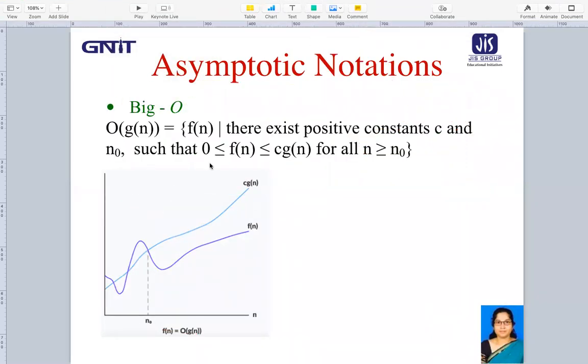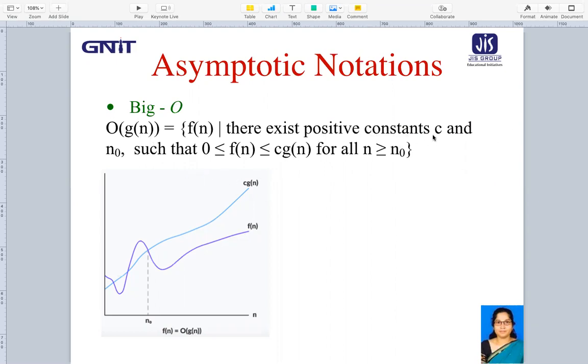Now, let us see this. The first asymptotic notation is known as the big O. O of g(n) can be represented as f(n), where there exist positive constants c and n0.